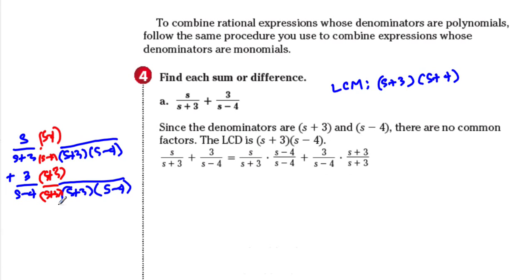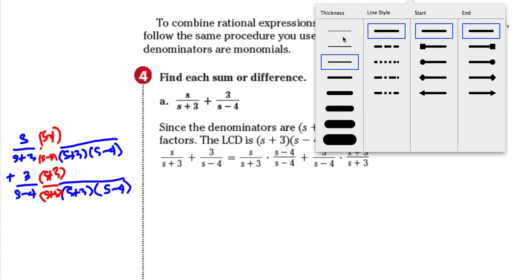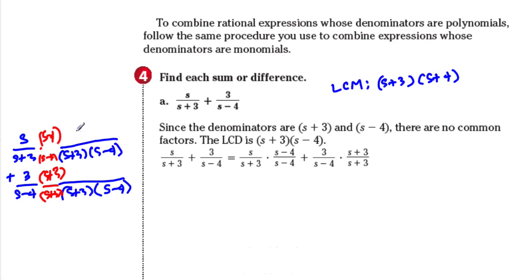So if you do that, in this case now, this becomes s squared minus 4s. And this now becomes 3s plus 9.